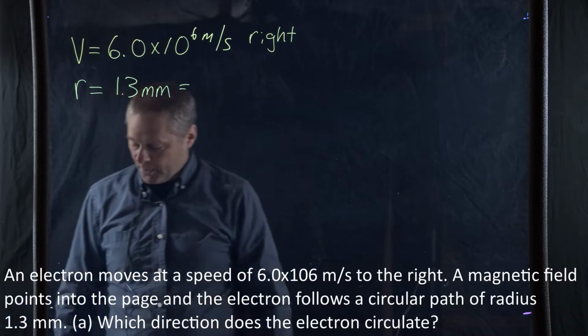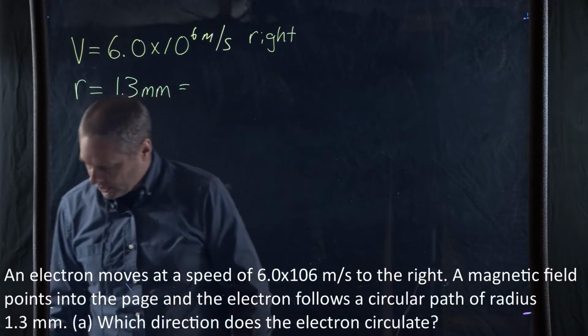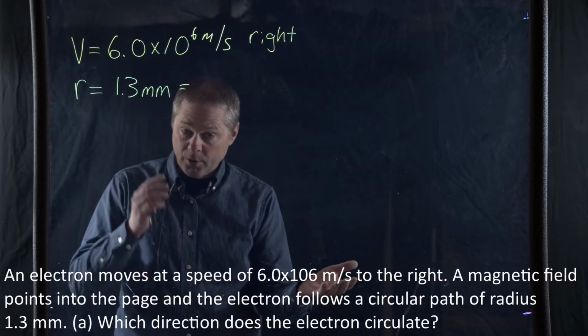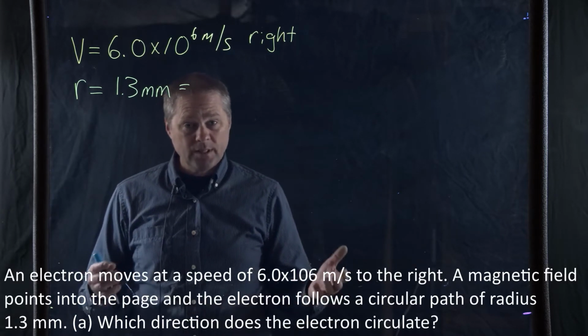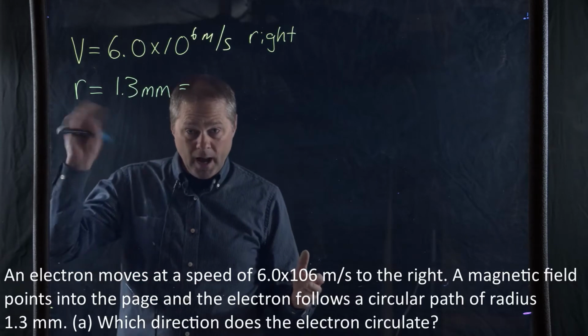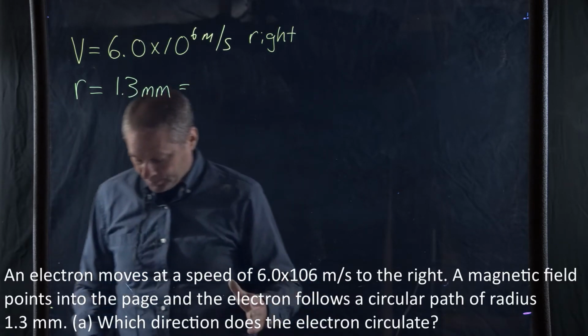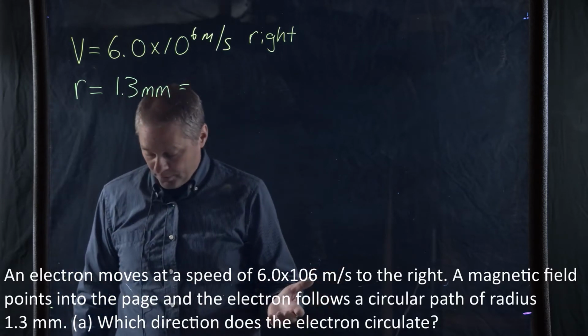For the first part, which direction does the electron circulate? You want to have your palm up. Remember, you're going to have to use your right hand for this. I'm doing a lot of things with this image, so it's flipping back and forth. I write with my left hand, so just understand that. You want the palm up because that's the direction in which the force is.